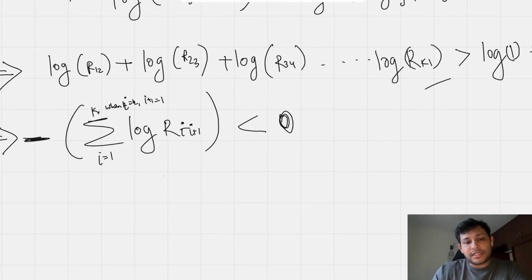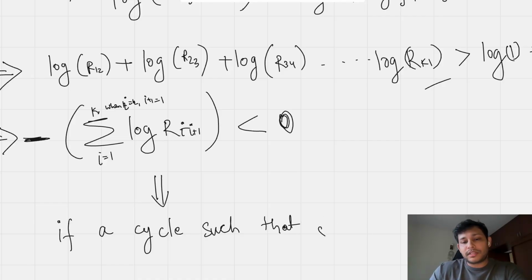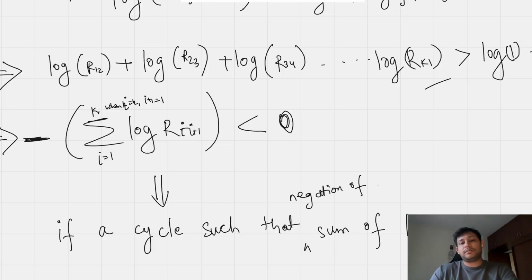Now, this is nothing but asking us to find if a cycle exists such that the negation of the sum of the logarithm of the weights is less than 0.